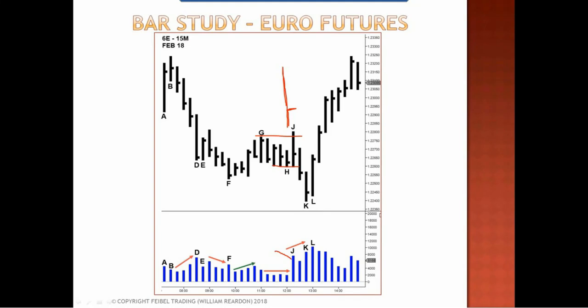So the close is off the lows, which indicates buying. And we actually close above the previous two bars. And we hold this little level of support. Don't forget, this is a 15-minute time frame. So this is an hour. We can't go lower, even with all this volume at J. This is technically an up bar.